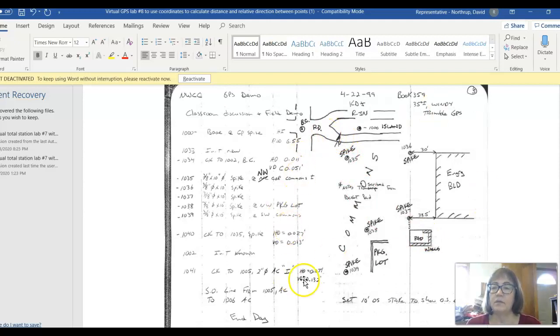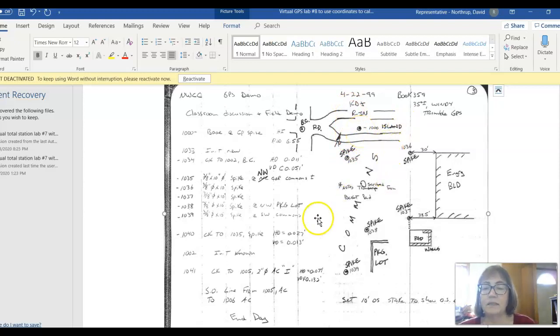Then there are other points, 1039, 1038, and so forth, one of which is up here in the median. In other words, 7th Street would run right here, and then there's a median and a grassy area, a boulevard in the middle of 7th Street, and point 1000 is in that median or island.